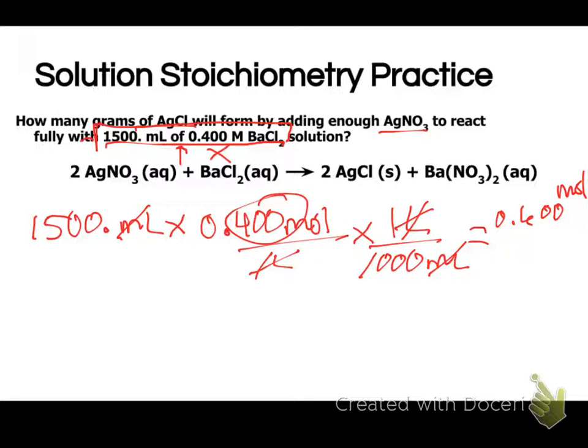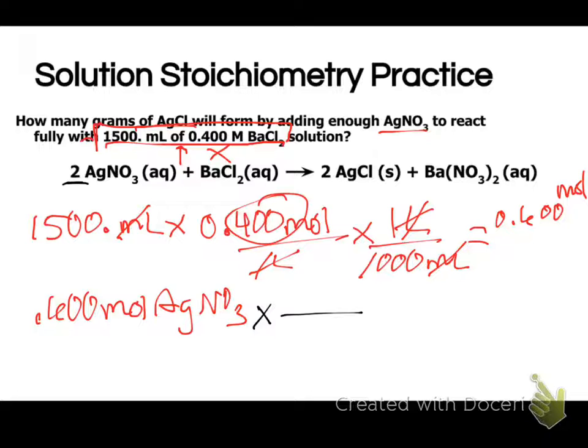So we want to know how many grams of silver chloride will form if I have 0.600 moles of AgNO3. Okay, so I can use that molar ratio trick again. They give me the balanced reaction, so I know that there's 2 AgNO3 for every 2 AgCl.